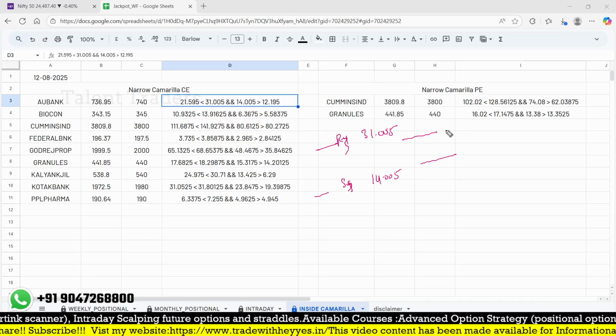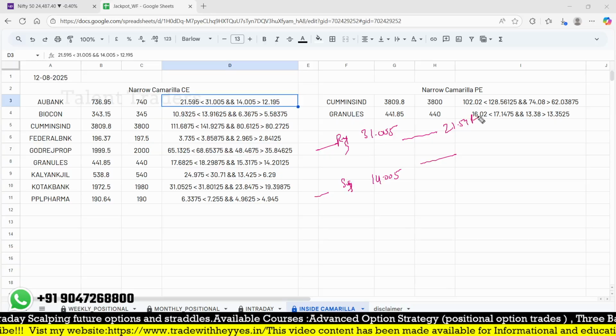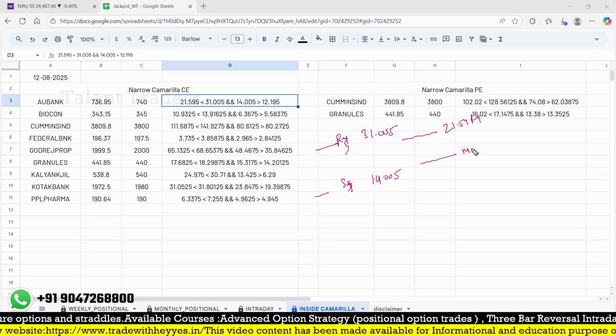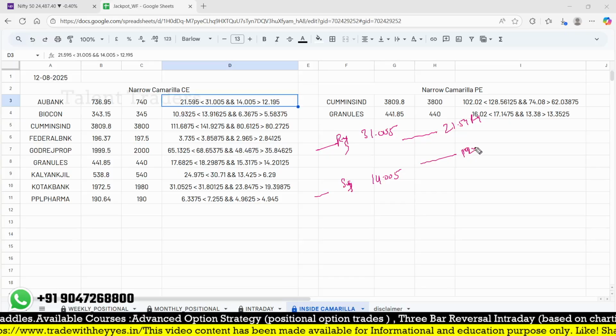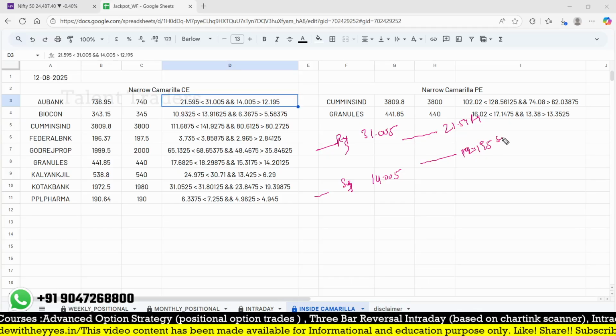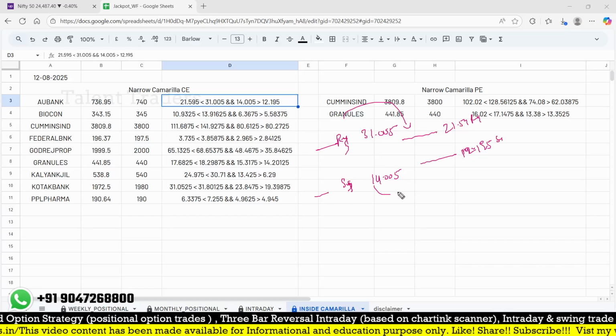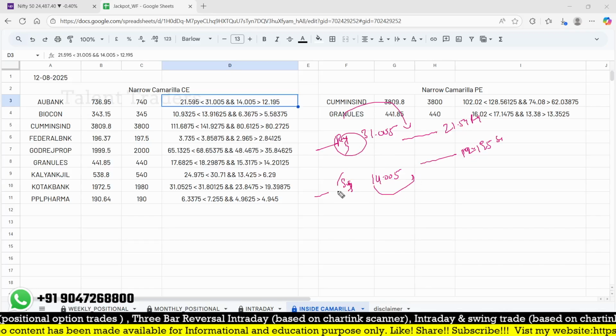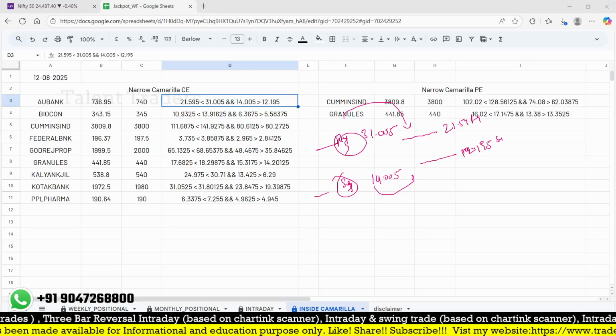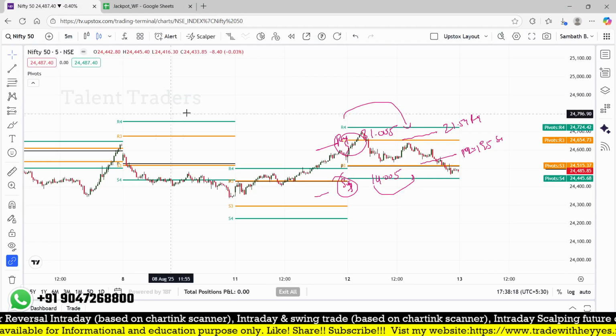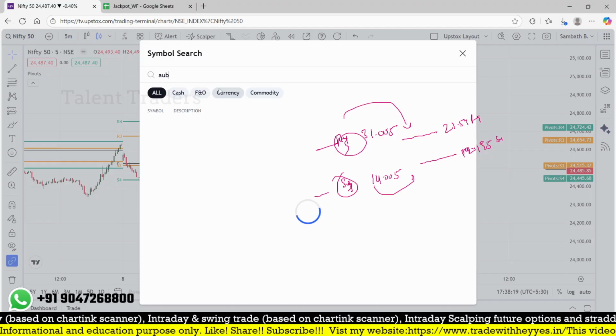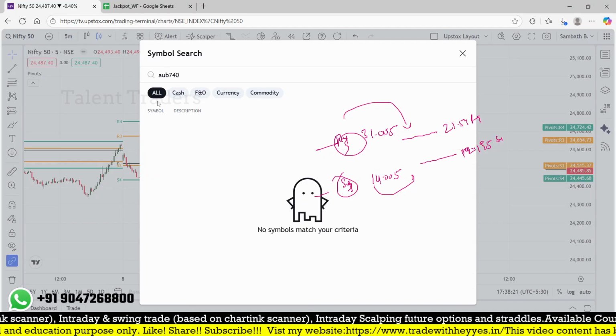Today, 21.59 is the R4 and 12.195 is the S4. So it is completely inside between the previous day's R3 and S3. Such kinds of stocks we try to find with this tool, which is scanning.